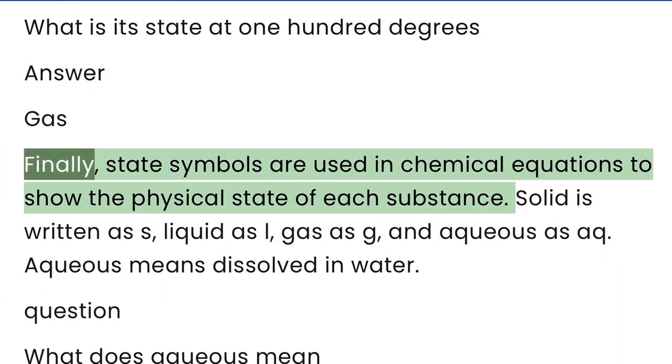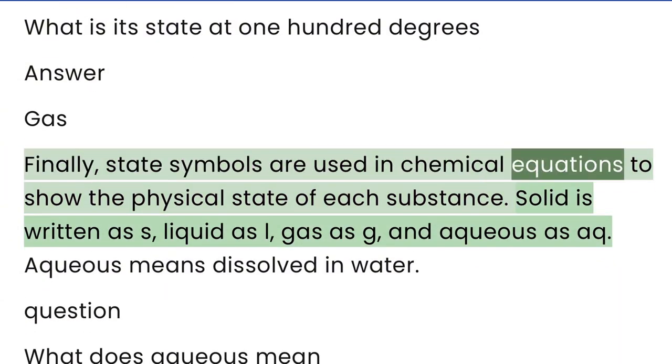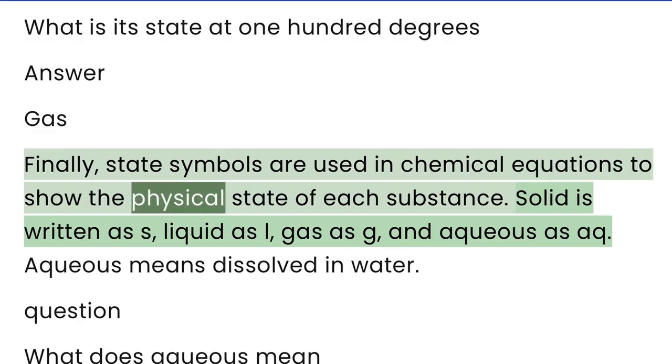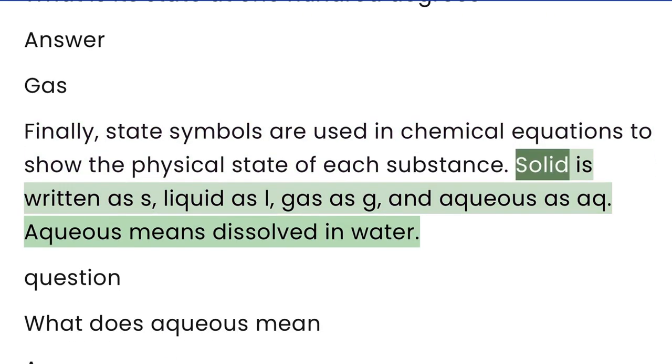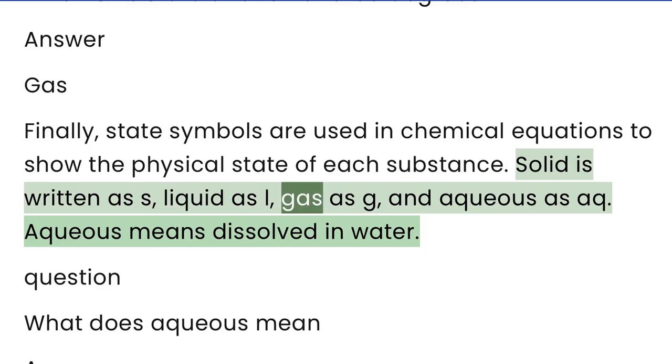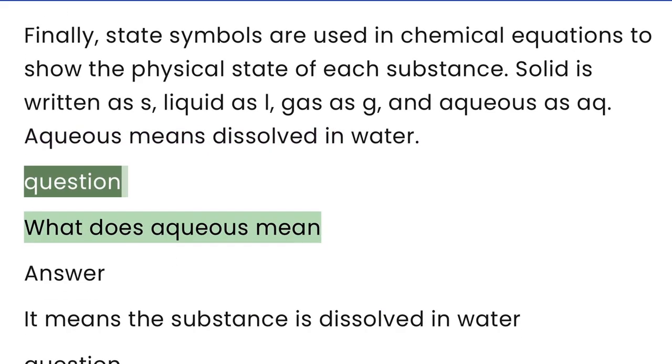Gas. Finally, state symbols are used in chemical equations to show the physical state of each substance. Solid is written as (s), liquid as (l), gas as (g), and aqueous as (aq). Aqueous means dissolved in water. Question.